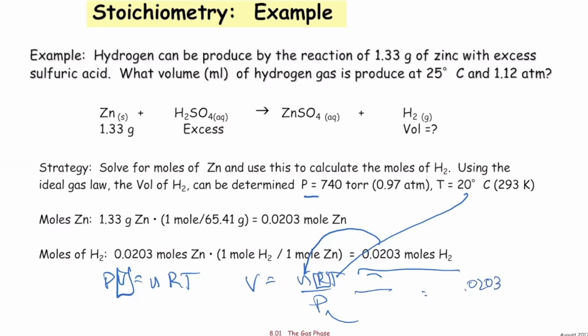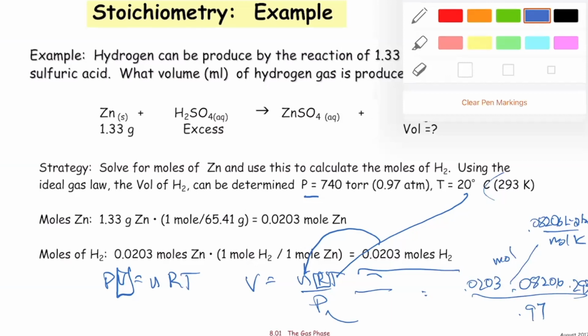So this problem becomes 0.0203 moles, times 0.08206 liters atmosphere per mole Kelvin. Temperature is 293, and the pressure is 0.97. That's how I would solve for volume in this particular case.